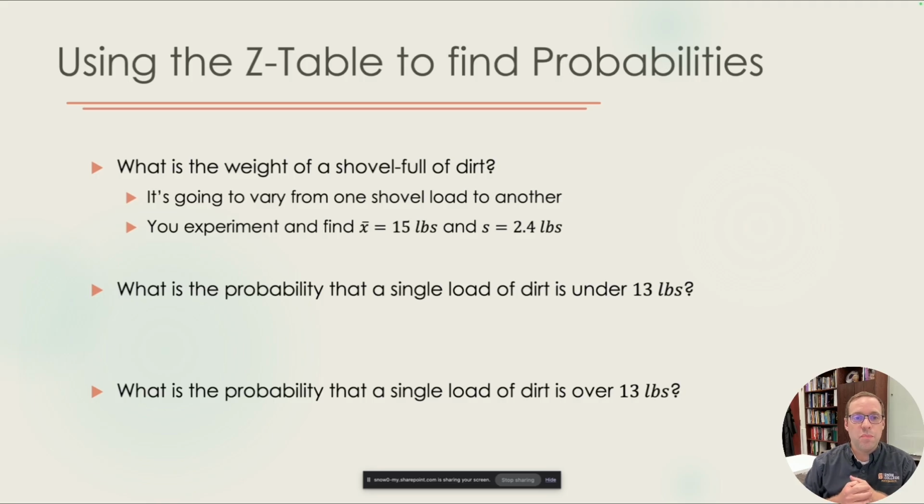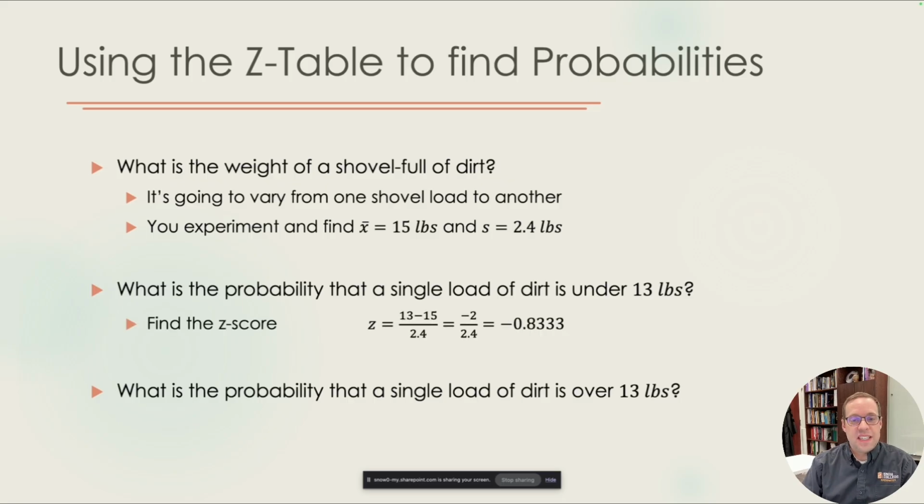Let's get back to our problem here on the weight of a shovelful of dirt. We experiment and find the average is 15, and the standard deviation is 2.4. We want to know the probability that a single load of dirt is under 13 pounds. Since we're dealing with a z-table, the first thing we need is a z-score.